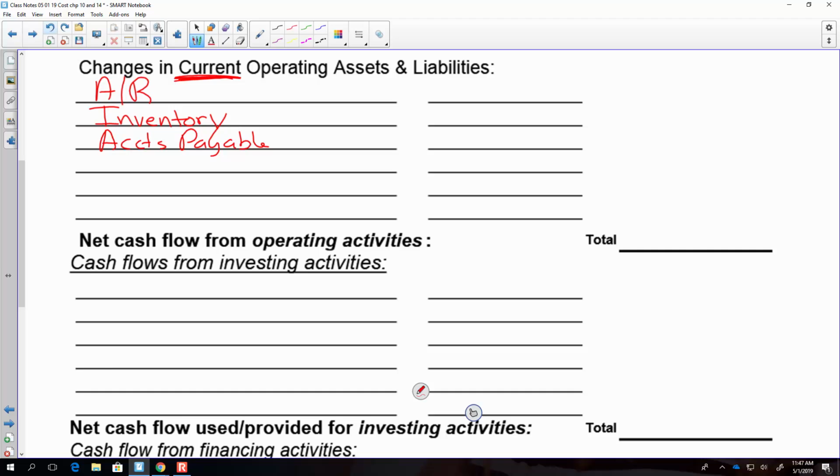So receivables looks like it went down. Inventories went up. Accounts payable went down.